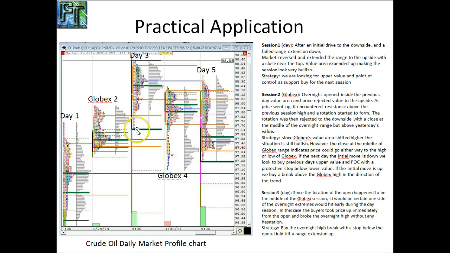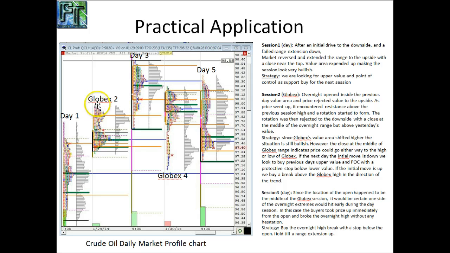If the initial move is to the downside, I would be buying the upper value area of the previous day and the point of control of the previous day, with a stop below the lower value area. And because the bias is still very bullish, with both value areas shifted higher, if price from the open exits out of the overnight high, I would like to go with a breakout of the overnight.